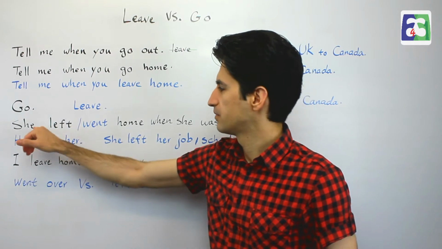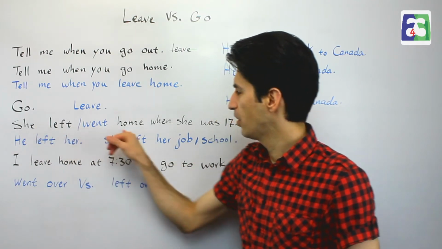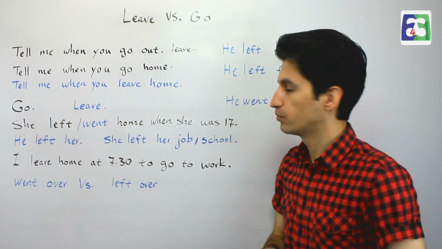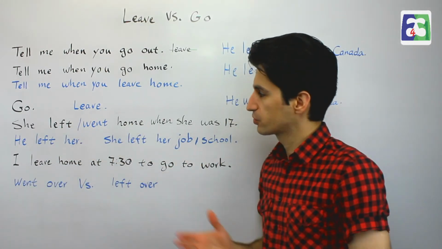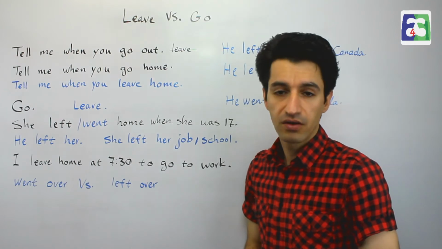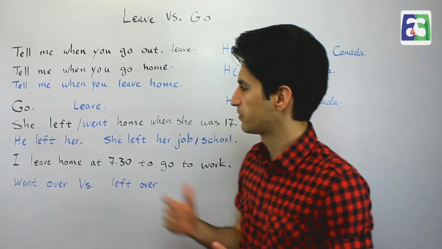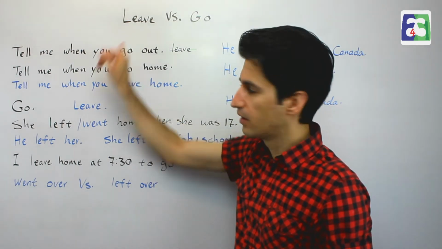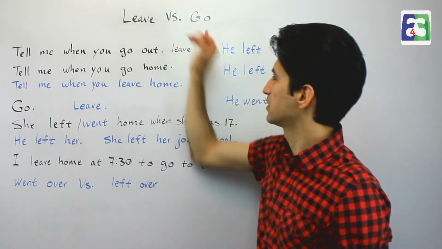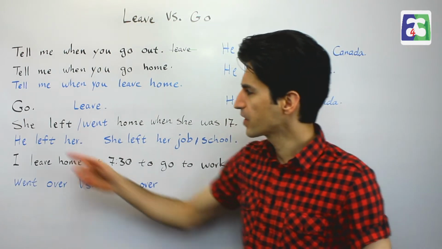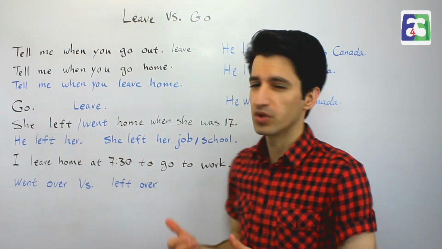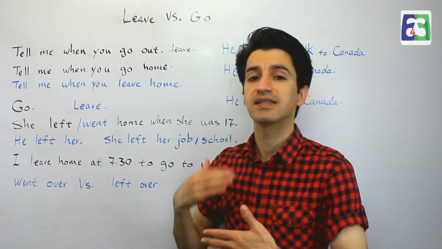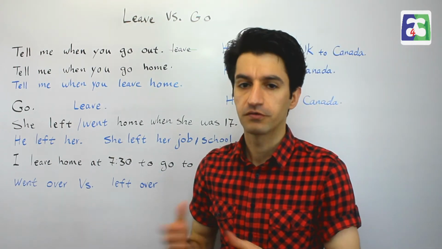Another area is here. She left home when she was 17. She went home when she was 17. These are two different sentences. They have different meanings. Left is the past tense of leave, and went is the past tense of go. When I say she left home when she was 17, most probably it means that she has left home for good, forever.